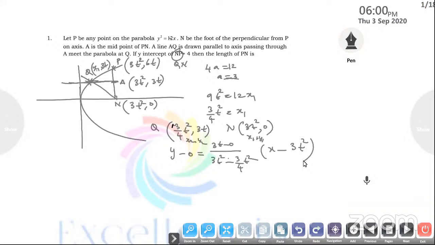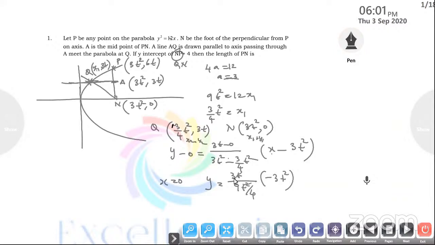To find out the y-intercept, put x equal to 0. When I put x equal to 0, this becomes y is equal to 3t by (12 minus 3, that becomes 9t squared by 4) into minus 3t squared.